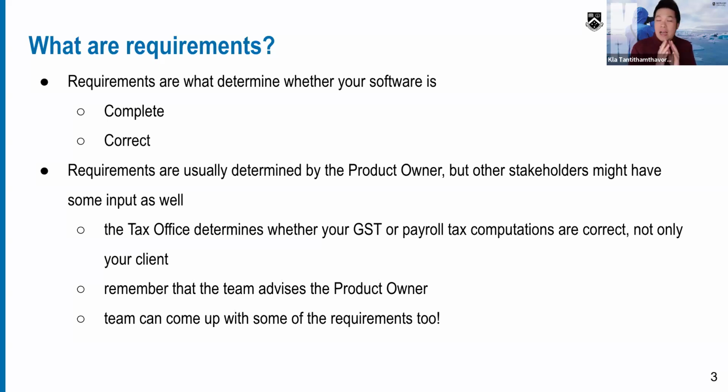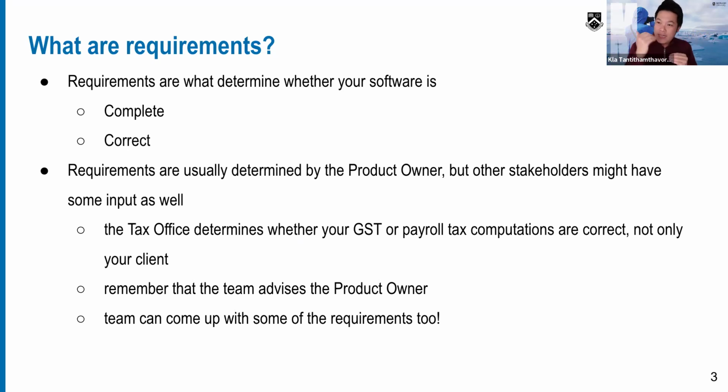Think about a calculator application. You have an addition button, 1 plus 1, but how can you test whether that addition button performs or behaves correctly, or whether you implemented the addition function correctly? How do we know?